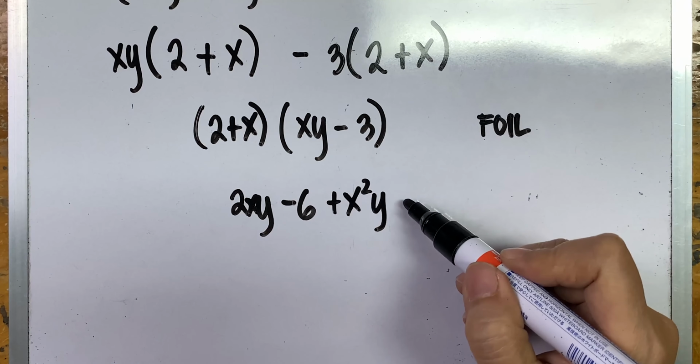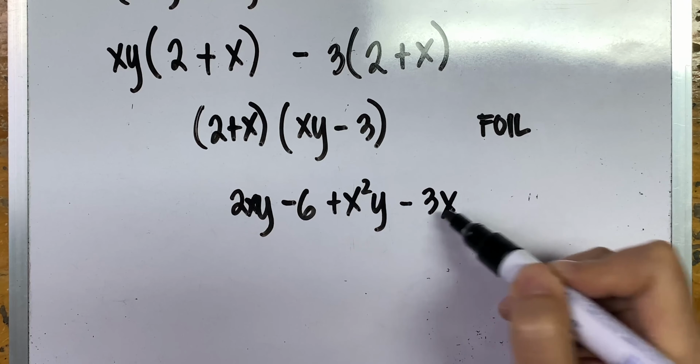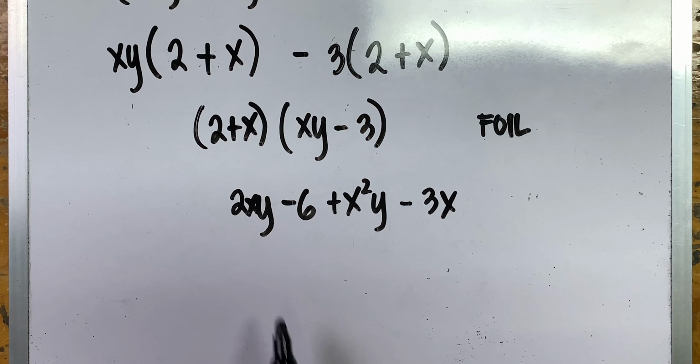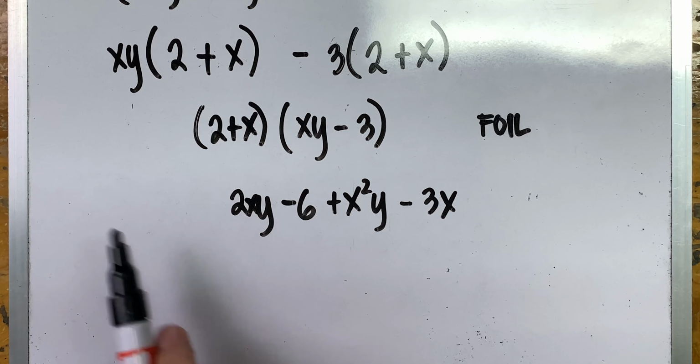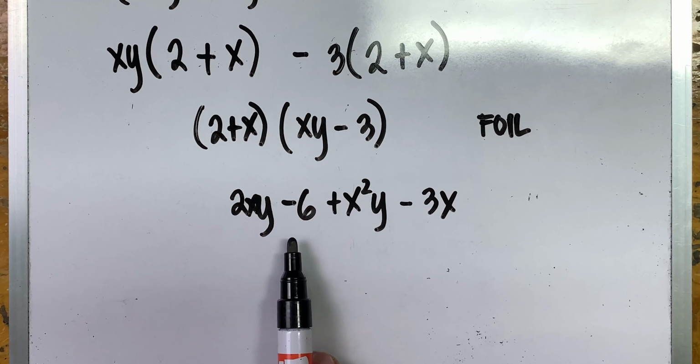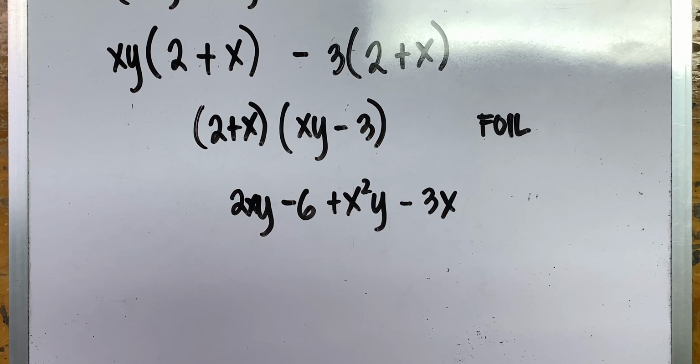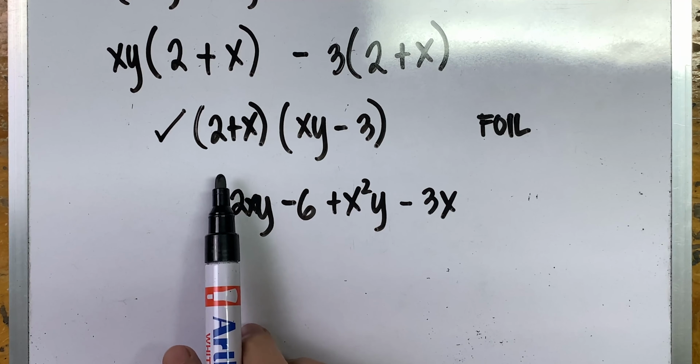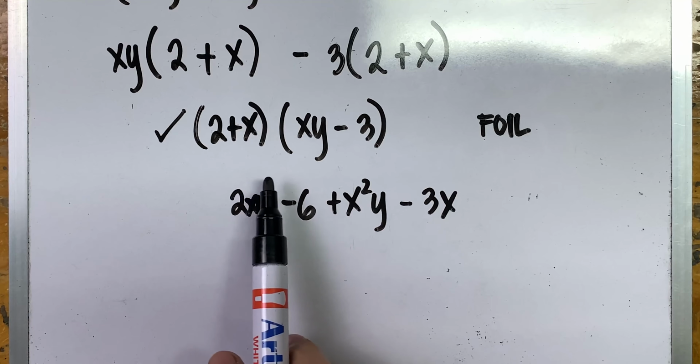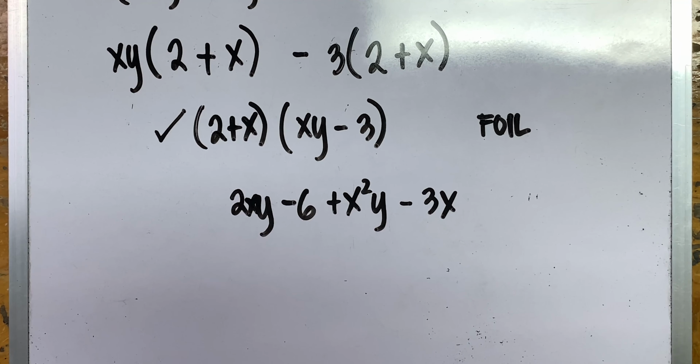And x times negative 3 is negative 3x. Okay. Mapapansin mo na pareho siya ng sa given, except that hindi lang siya naka-rearrange. So, ibig sabihin, tama pa rin yung sagot natin. So, our factors are 2 plus x times the quantity xy minus 3.